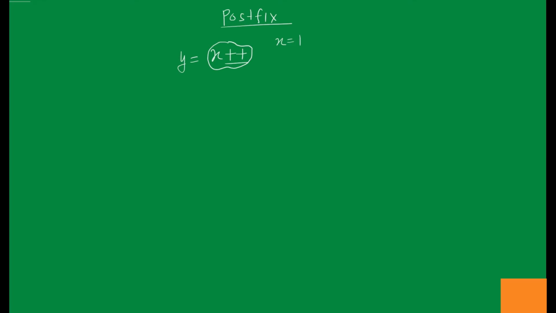So first you assign the value of x, then you increment x. Here the value of x is 1, so the value of y is 1, and then x is incremented later on, so it becomes 2.